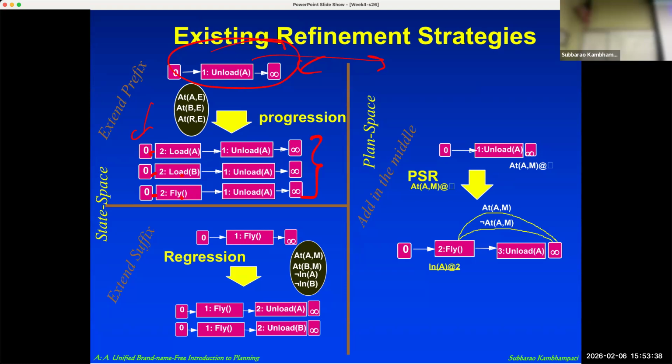If it doesn't start with load A, it's not part of the candidate set. And because these are three things together, the constraint sets are disjoint. Essentially, any action sequence that's consistent with one of them is still left.